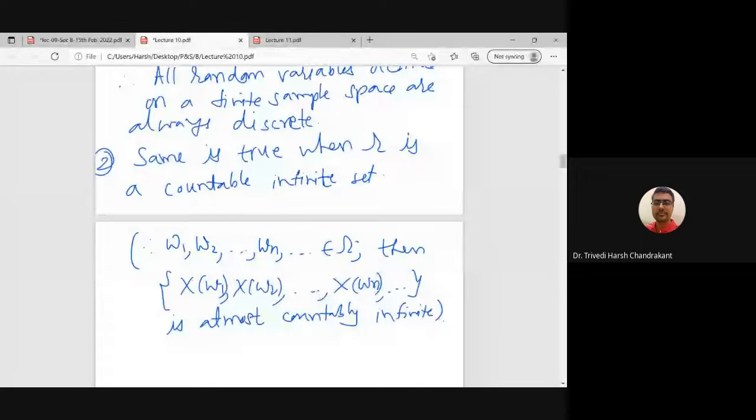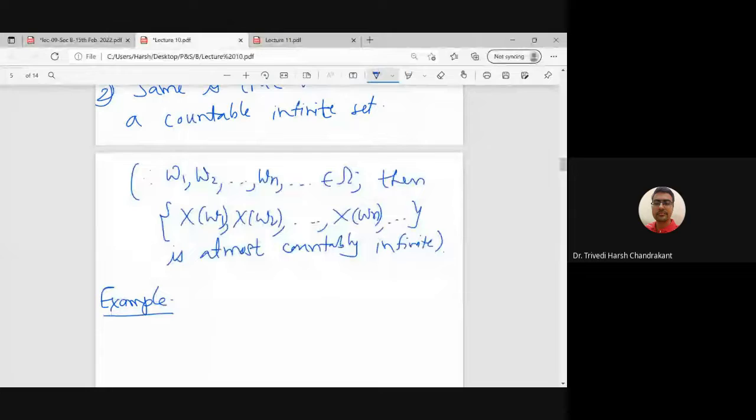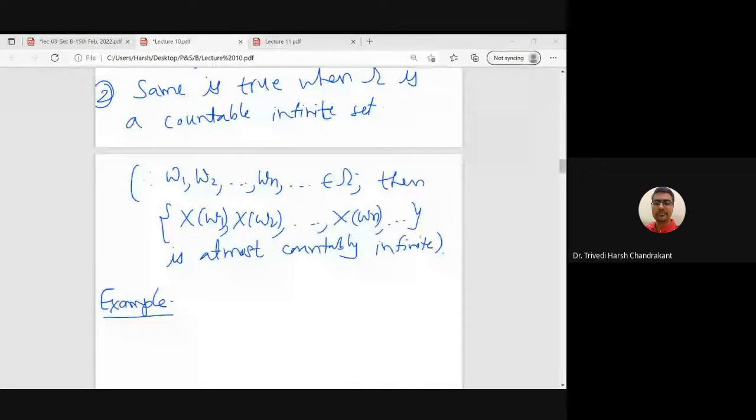So let us see one other example. Can you give an example? You have seen various examples in this course, different sample spaces. What is an example of a sample space which has countably infinite elements?